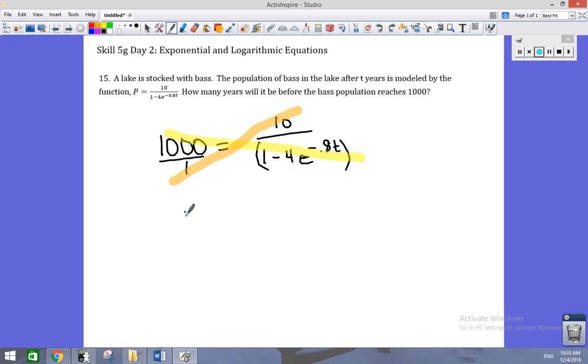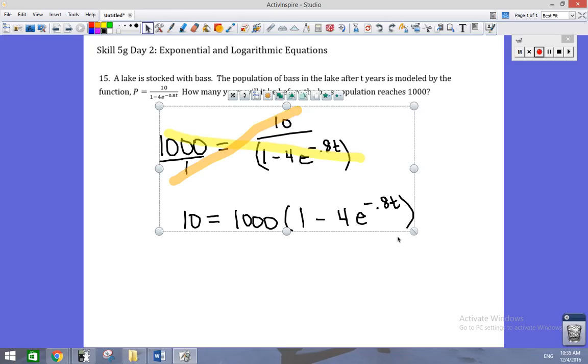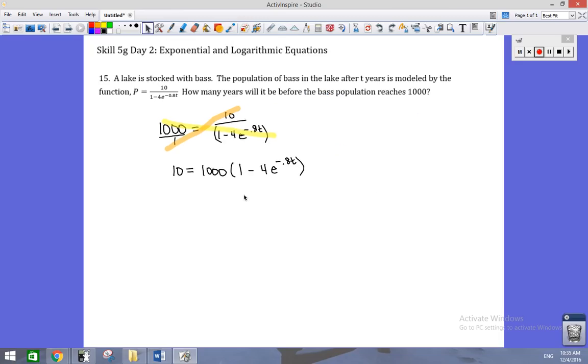So 10 times 1 is 10, and we need to distribute the 1,000 to both of these terms. Alright, so let's do that. The first term, 1, gets multiplied by 1,000, and the second term gets multiplied by 1,000, so that 4 becomes 4,000.